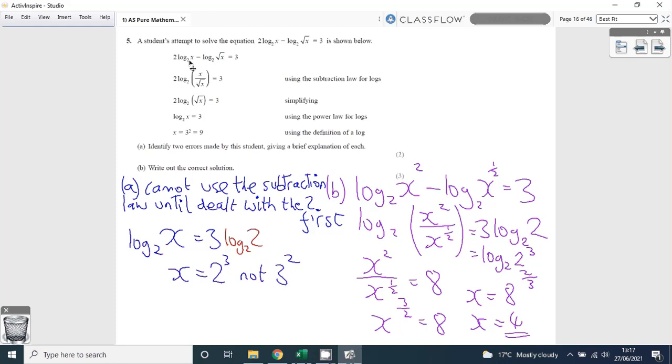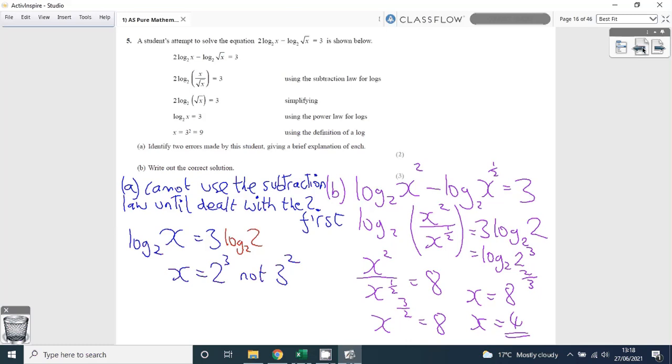And then secondly, you've got to realize that log x to the base 2 is actually 2 to the power of 3, not 3 to the power of 2. The way I like to focus upon this, because I find it quite difficult to see straight away, is if I've got a log to the base 2 on the left-hand side, I introduce log to the base 2 on the right as well.